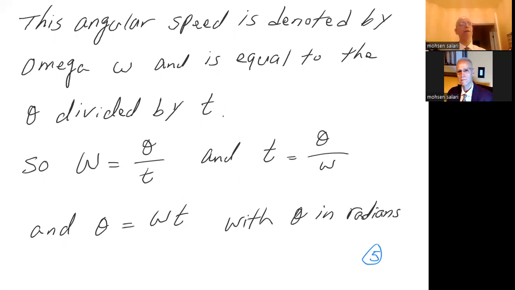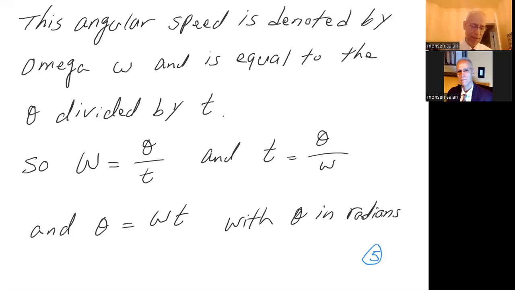It is a Greek letter, and is equal to theta divided by T. So omega equals theta divided by T, T equals theta divided by omega, and theta equals omega times T. You have to remember that here theta is in radians, not degrees. You must be in radian mode.